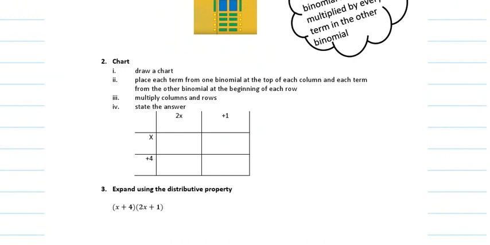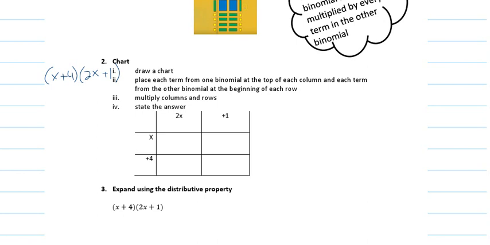Remember that I have x plus 4 times 2x plus 1, okay? So I put x in one of the squares and plus 4 in the other one. And then I put 2x and plus 1.